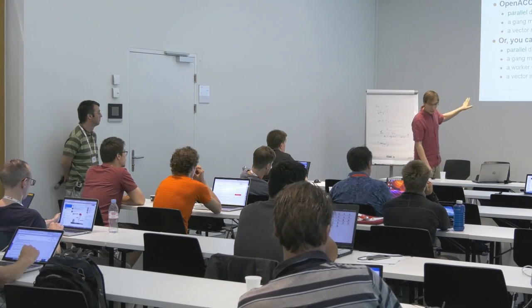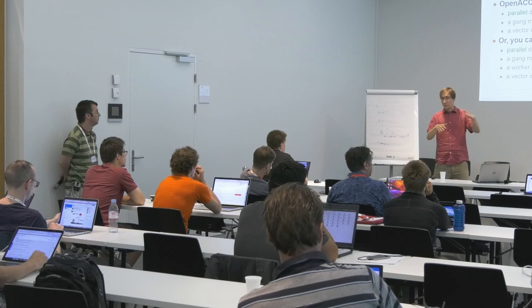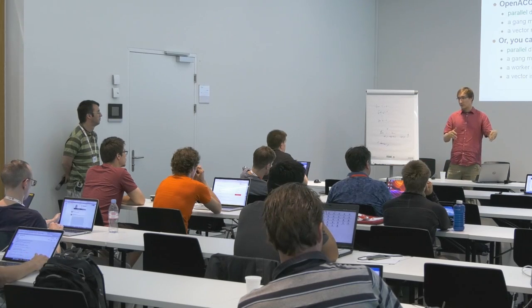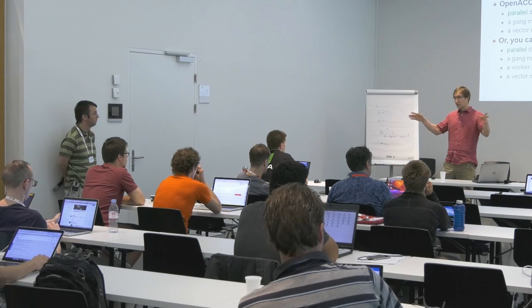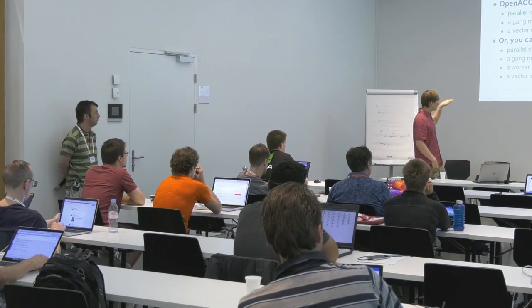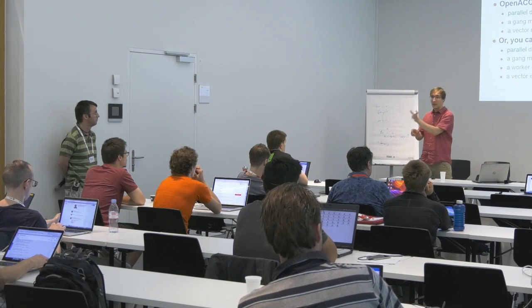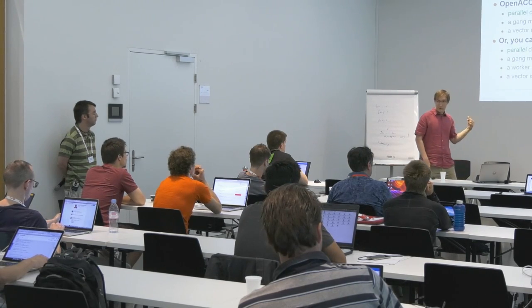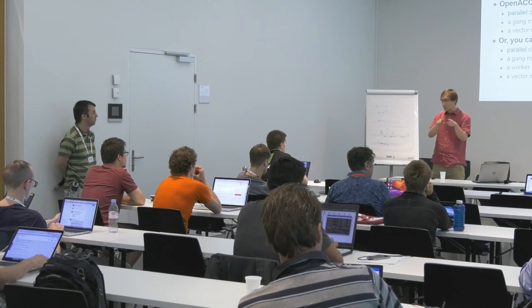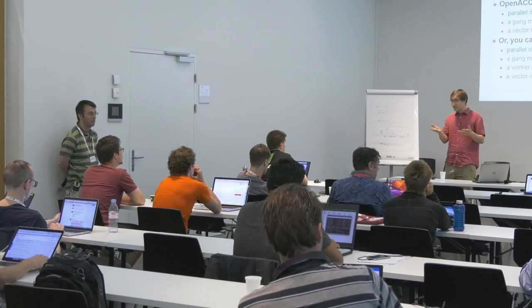And with these three clauses, you distribute to these three levels of parallelization. In the gang clause, you parallelize to the thread blocks. With the worker clause, you parallelize to the warps. And with the vector clause, you parallelize within one warp. Okay?